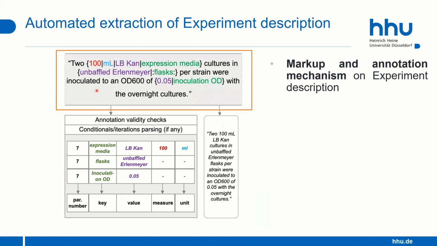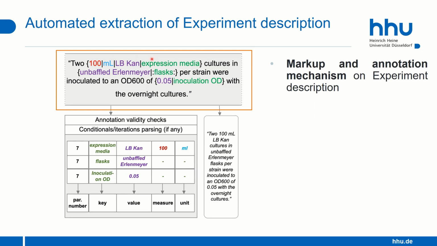And what we came up with was a markup and annotation language, which to some extent draws on what many people know from HTML type markup, in the sense that we can encode key value pairs here. We have different ways of handling these keys, either as comments that vanish or comments that can be retained in the text, but we can also have formats where we have measures, units, values, and keys.